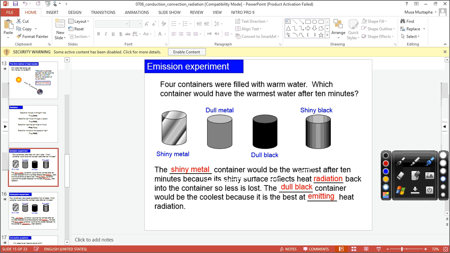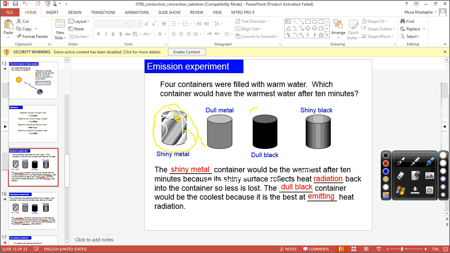The shiny metal container will be the warmest after 10 minutes, because the shiny surface reflects radiation back into the container, so less heat is lost.